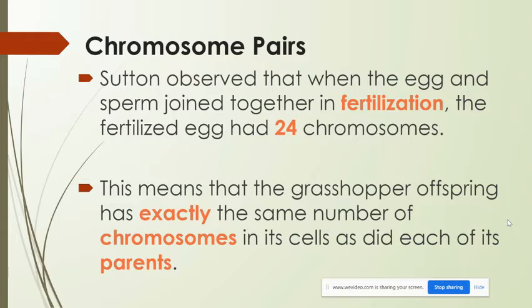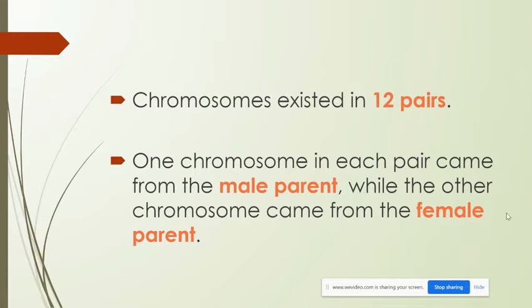So the parent cells, when they're full cells, had 24 chromosomes. So once fertilization happened, the fertilized egg had 24 chromosomes. So he determined that chromosomes existed in 12 pairs, and one chromosome in each pair came from the male parent, while the other chromosome came from the female parent.